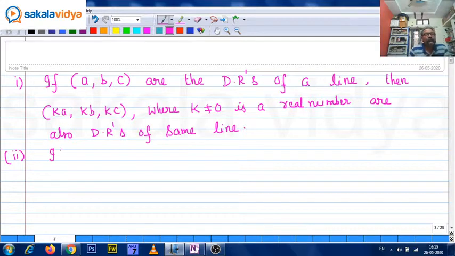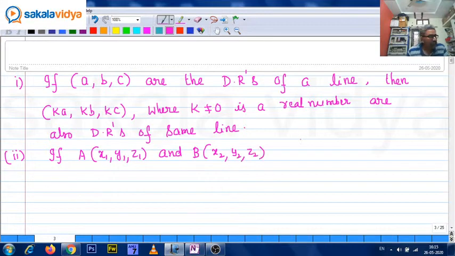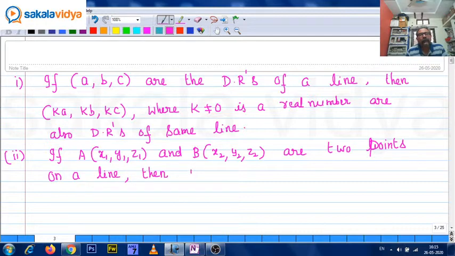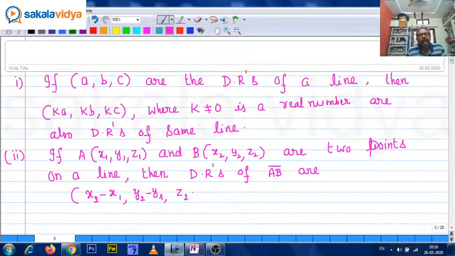Okay, if A of x1 comma y1 comma z1 and B of x2 comma y2 comma z2 are 2 points on a line, then direction ratios of AB, we can write in a very simple manner, are x2 minus x1 comma y2 minus y1 comma z2 minus z1.